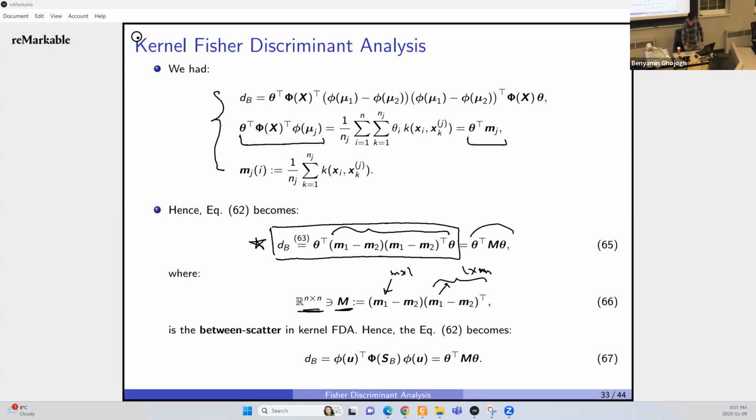As a result, dB, which is the numerator of my Fisher criterion, becomes theta transpose m theta in the feature space, in the Hilbert space. Right? Interesting. By the way, what is m here? M is m1 minus m2. What was m1? On average, how similar my points of class 1 are to all other points in the data.